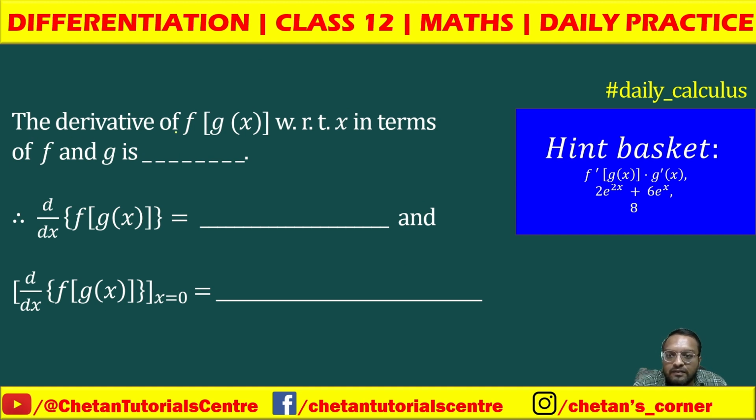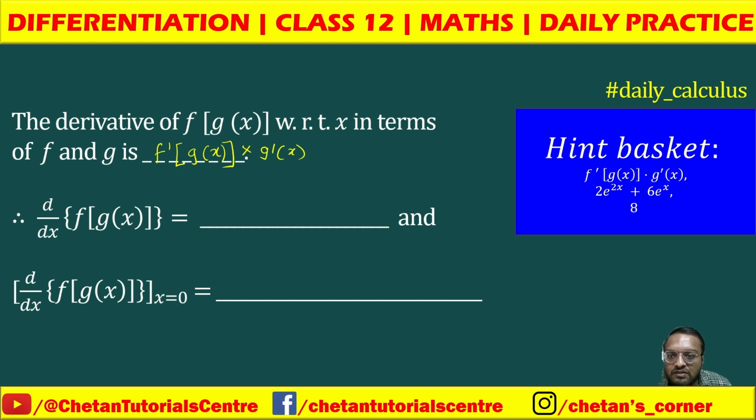The derivative of f of g x with respect to x in terms of f and g. So we have to write the derivative of this composite function f of g x with respect to x in terms of f and g. So the derivative of f of g x will be f dash of g x, and I will multiply this term with the derivative of g x, that is g dash of x.